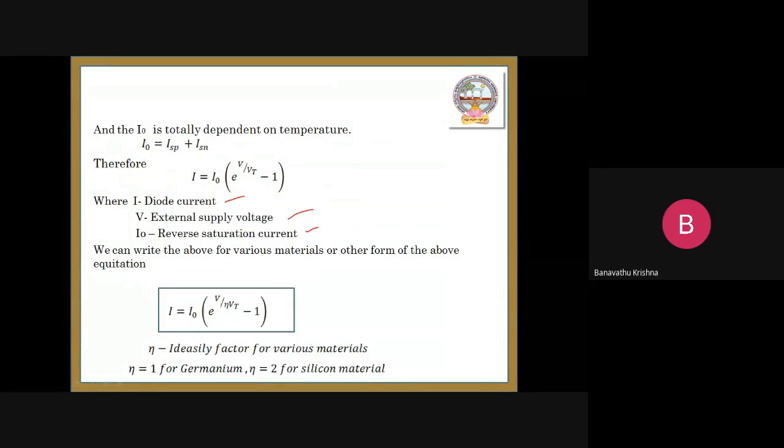We can write this equation in another form for various materials.